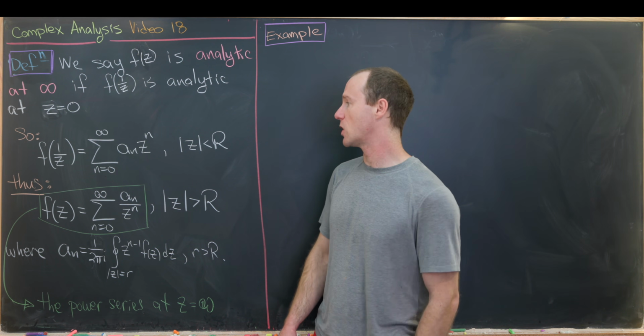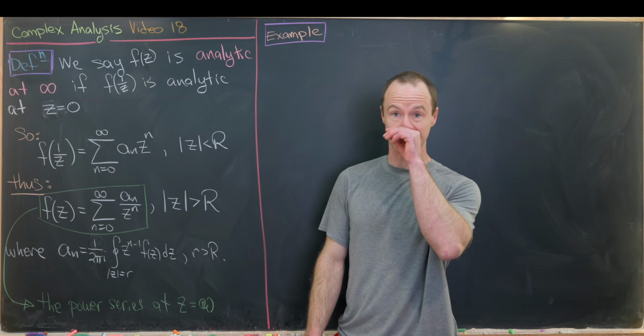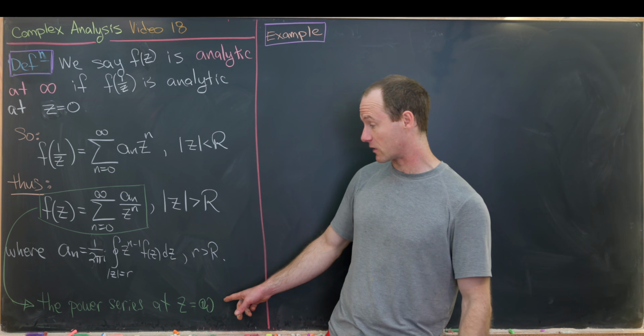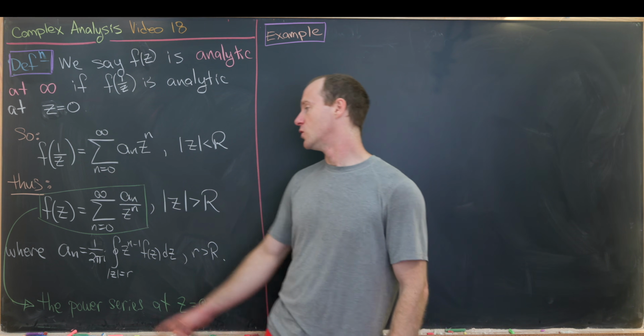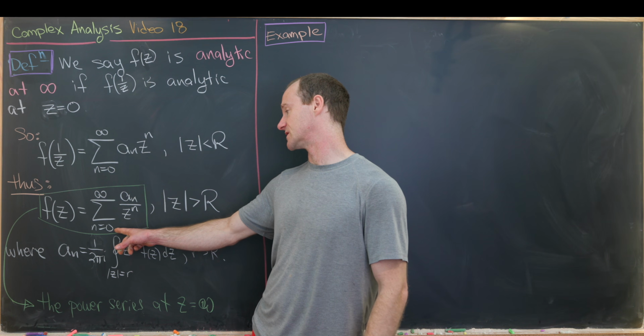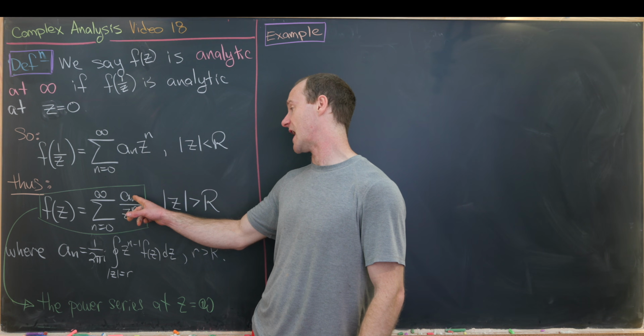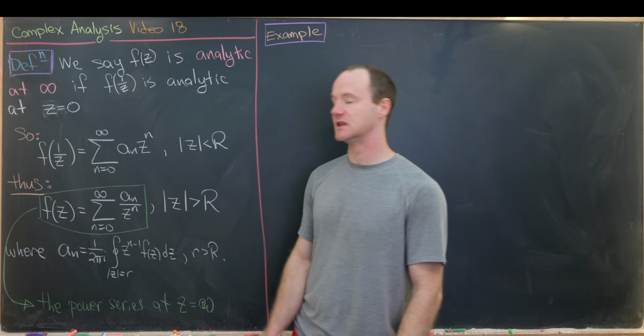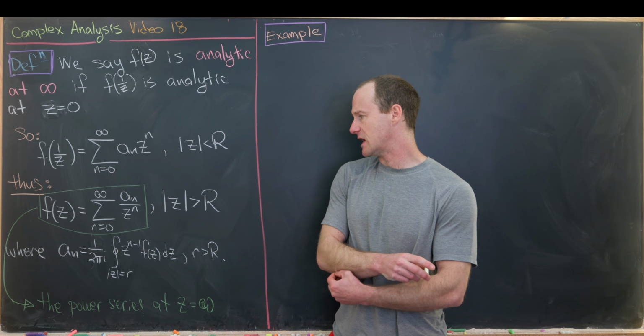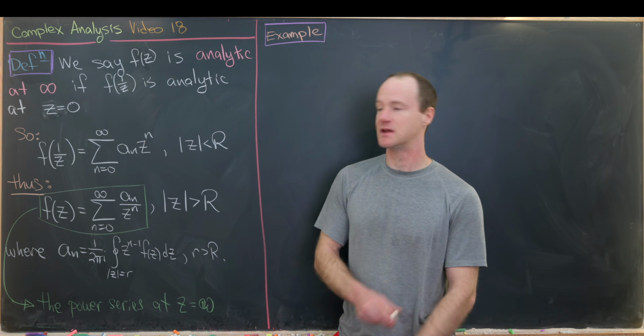But then composing back in the 1 over z function to expand this about infinity, if you will, we get that f of z is equal to the sum as n goes from 0 to infinity of a n over z to the n, or maybe a sub n times z to the minus n.